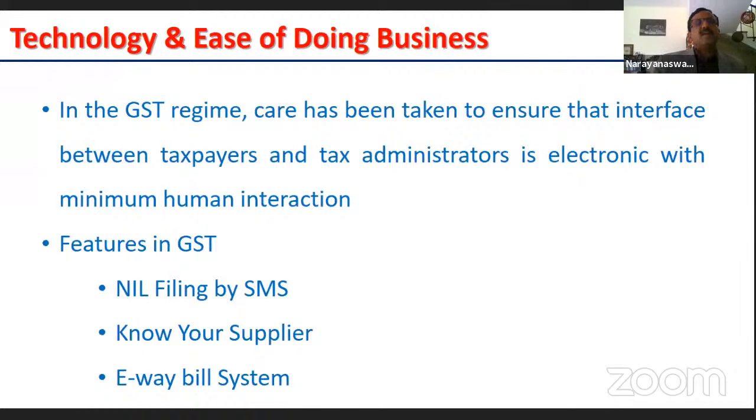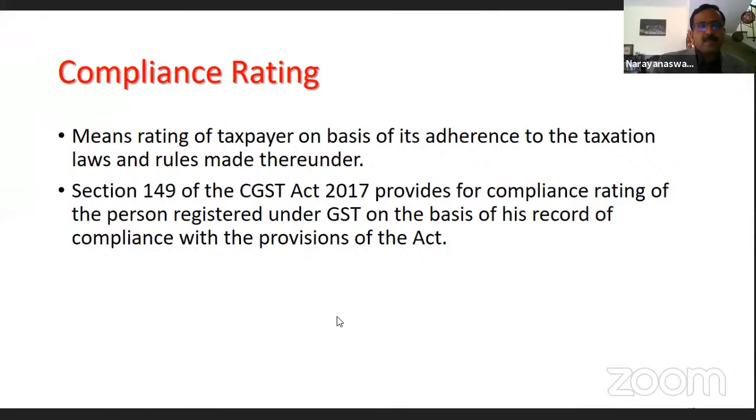So taxpayers who don't have any clearance in a particular month have been given the facility to send a nil SMS. And there is also another provision called Know Your Supplier. And there is an e-way bill system which the goods transporter can operate. I will mention these aspects subsequently again.